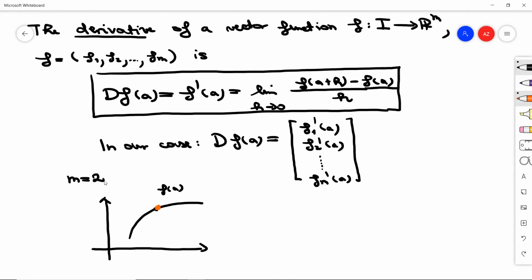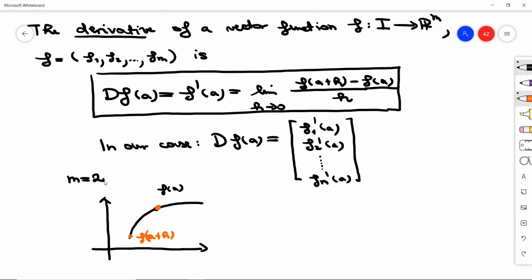Let's say that this is f of a, and then f of a plus h is, for example, here; I draw h big so that the picture will be more clear.